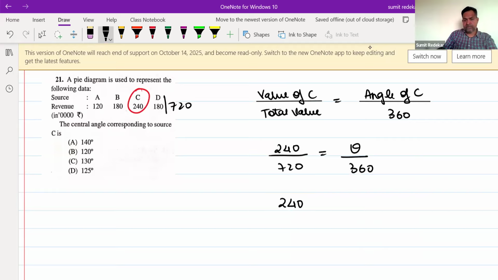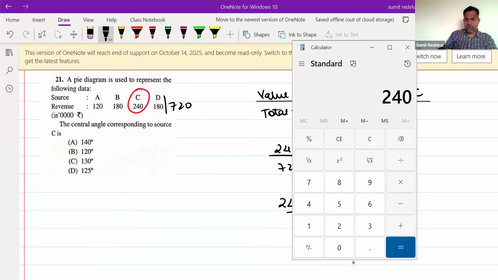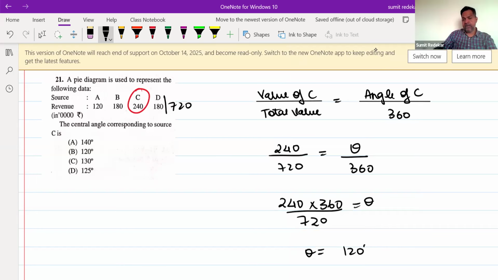Cross multiply: 240 into 360 upon 720 is theta. What is theta? Theta is 240 into 360 divided by 720, and that's 120 degrees. It should be a 120 degree angle. The answer is going to be B.